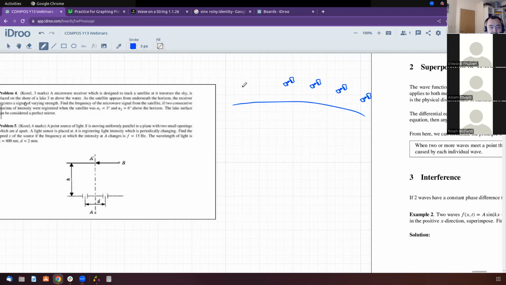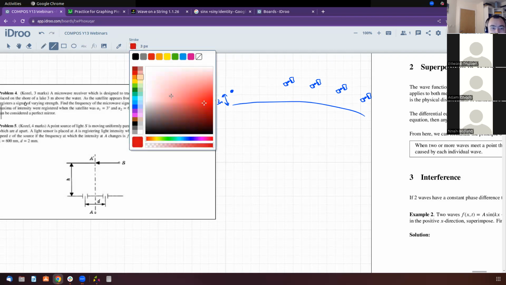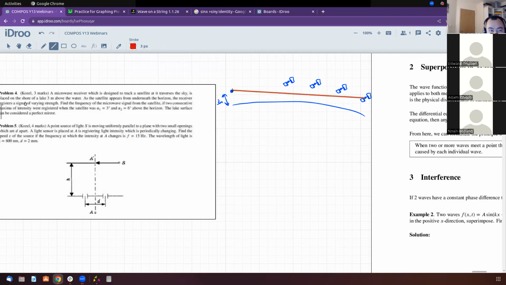And you have a receiver here, which is 3 meters above the water. Now, the signal from the satellite travels like this, but also travels like this, bounces off the water and into the receiver.